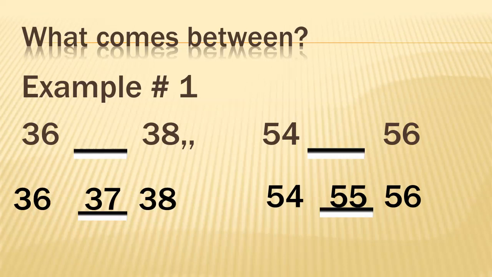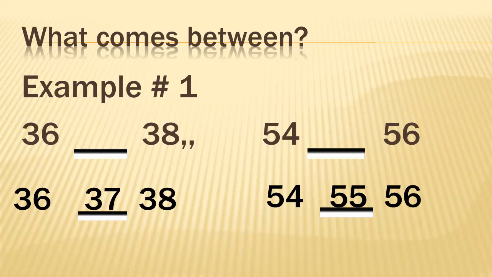Here we need to know that what number comes after 36 and before 38. We will write first number as it is, which is 3, and we'll change the second number, which is 6. So what number comes after 6? Yes, 7. So what number comes after 36? Yes, 37. It means 37 comes in between 36 and 38.